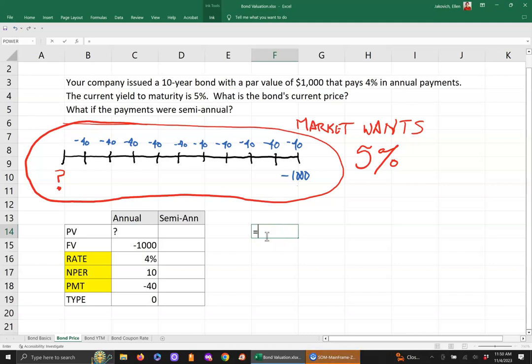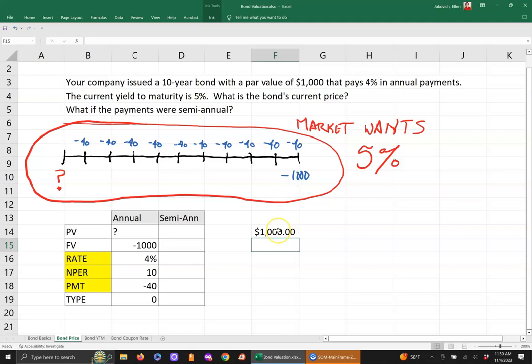So we put equals sign, PV, because that's what we're solving for, and then open parenthesis, and it tells us what to put in next. Rate is bolded, so let me click on rate, hit comma, number of periods is bolded, hit that, comma, payment, comma, future value is next, comma, and type, and close parenthesis, and hit enter.